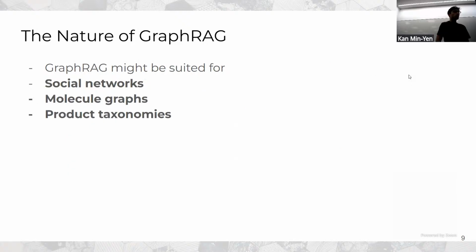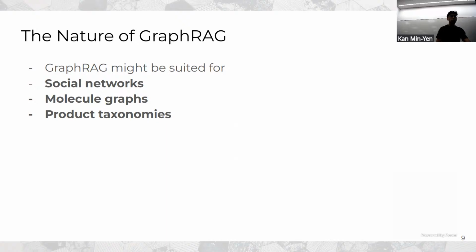So it might be suited particularly for things that have graph structures naturally. One example of that is social networks. We see that with Facebook and stuff, as well as an interesting one from this review paper that I never thought of: molecule graphs.